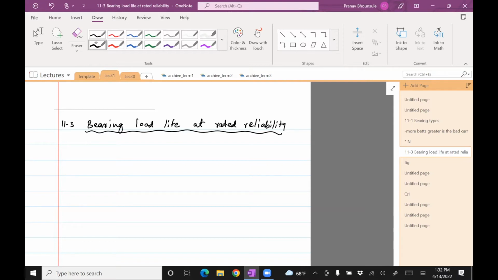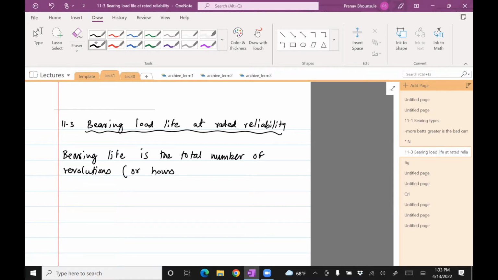In general, this is a layman definition of bearing life. Bearing life is the total number of revolutions, since things are moving in circles. Revolutions is one way, or you could also write it as hours. Revolutions has not much meaning compared to hours, like it'll work for 3,000 hours or 5,000 hours.